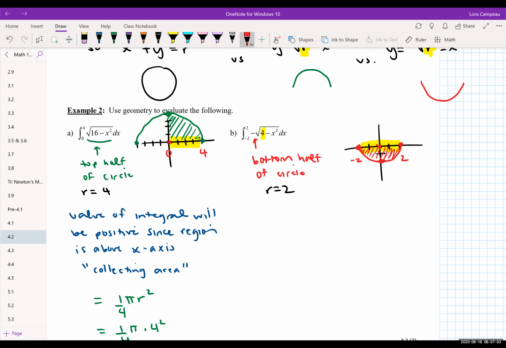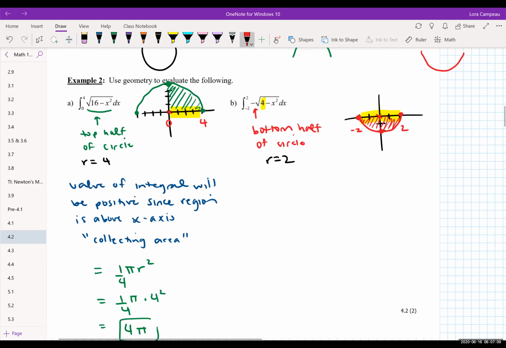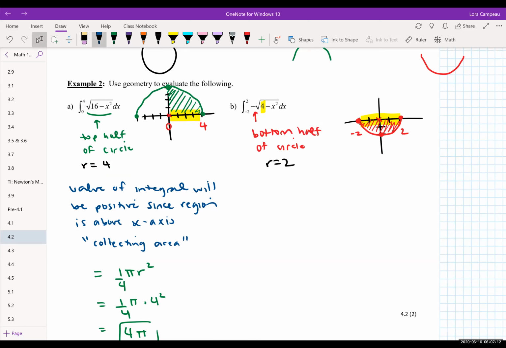So we have a red shaded area. So the value of the integral is going to be negative for sure. See if I can write that in. Mainly because it's below the x-axis. So we are, what do we call it? We're dumping area, if we're using the trash truck analogy.